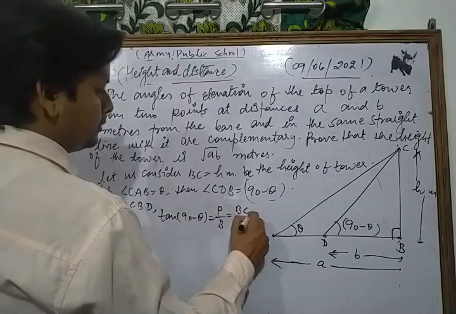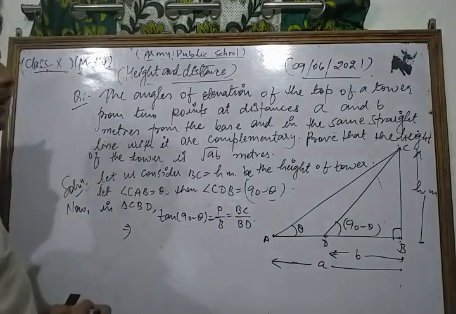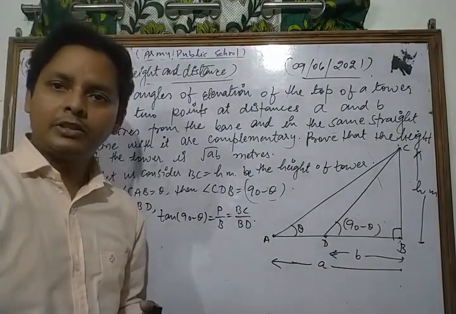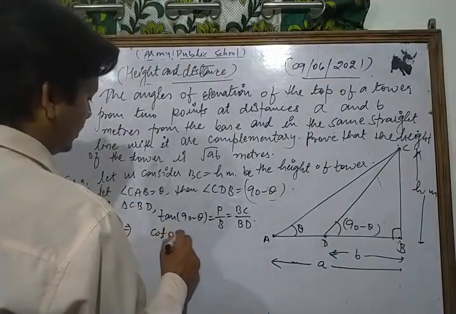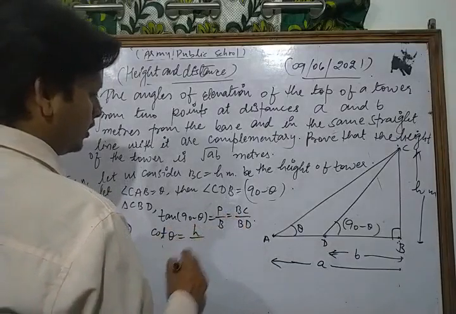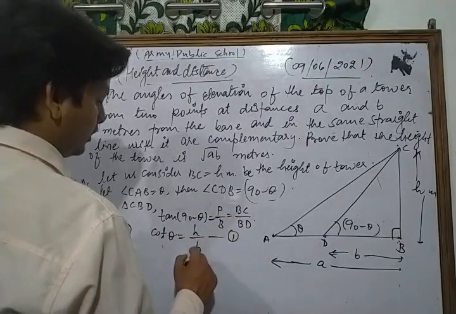Perpendicular is BC, base is BD. Now you know that tan of 90 minus theta is cot theta. So here cot theta is equal to BC, which is H, and BD, which is B. We take this as equation number 1.